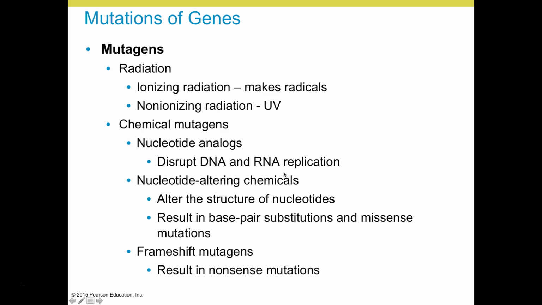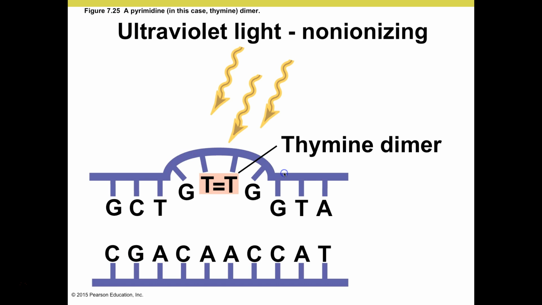Anything that causes a mutation is known as a mutagen. This could be due to radiation, or chemical mutagens like that, which cause your DNA to be distorted. And as you already know, this can also cause frameshift mutations. This is a mutagen known as UV light, and this causes thymine dimers.